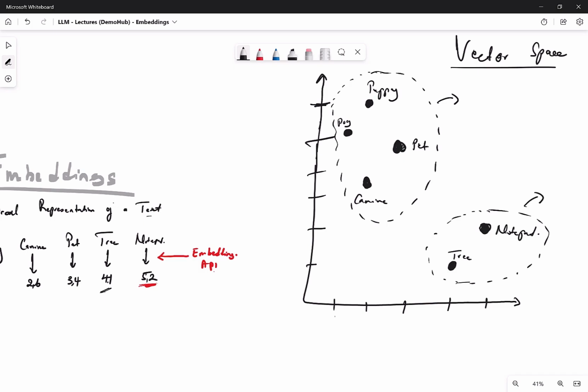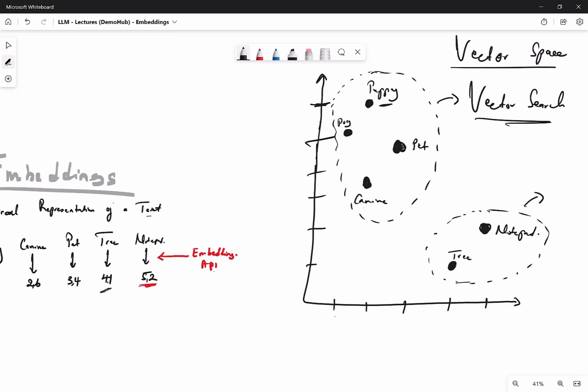Now imagine this wasn't just a dog, a pet, a puppy, and we were building an engine for recommendation. And somewhere in that engine, we saw that the customer was talking about puppy. Now, we know that if they're talking about puppy and we do a search, a vector search, this is where vector search comes into play.